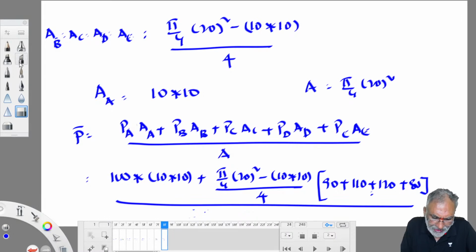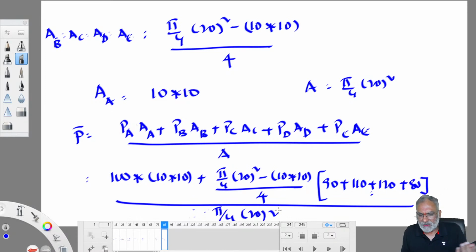Understood? So this is how we need to work it out. Pi by 4 into 20 square. Come on, work it out. I need the answer. I am also using a calculator along with you.